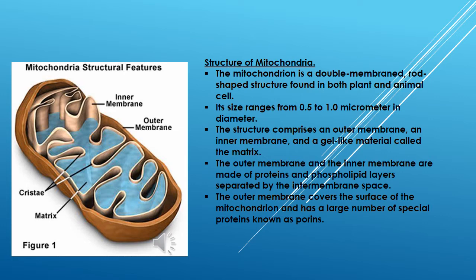Similarly, we store energy in the form of ATP in mitochondria for future use, and whenever we need it, we can use it by taking ATP from mitochondria. That is the reason mitochondria is also known as the powerhouse of the cell.